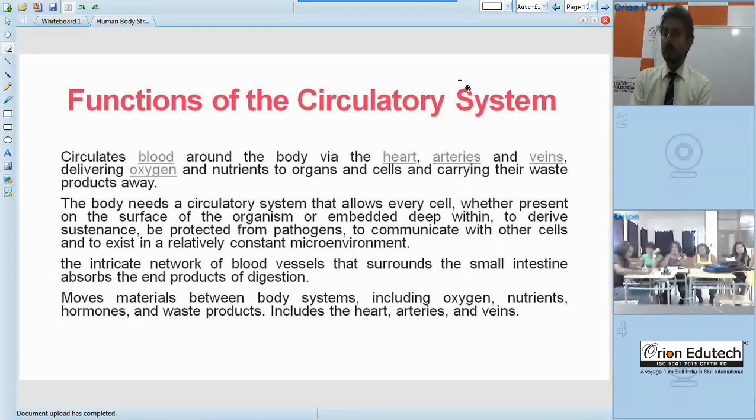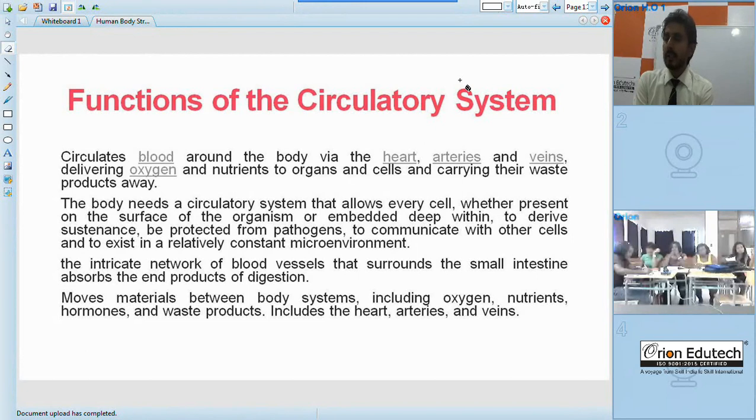The main function of the circulatory system is to circulate purified blood around the body via the heart, arteries and veins, delivering oxygen and the various essential nutrients to the different body organs and cells, and carrying out the waste products from our body.